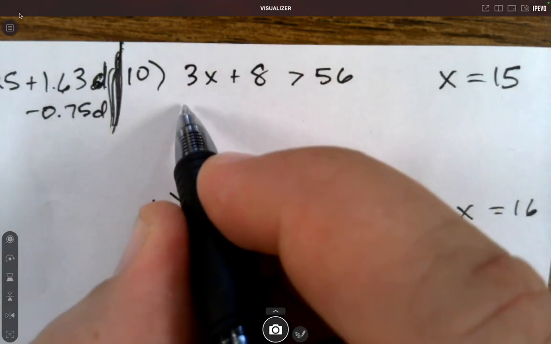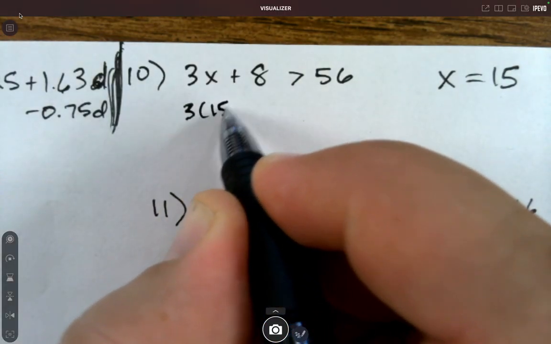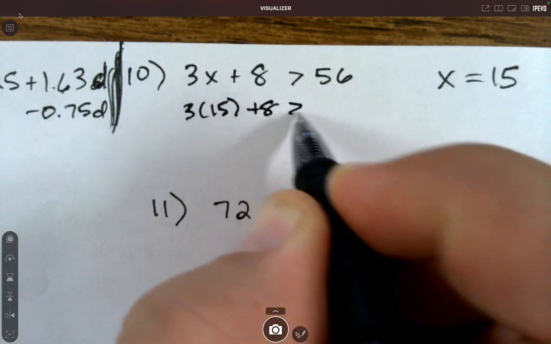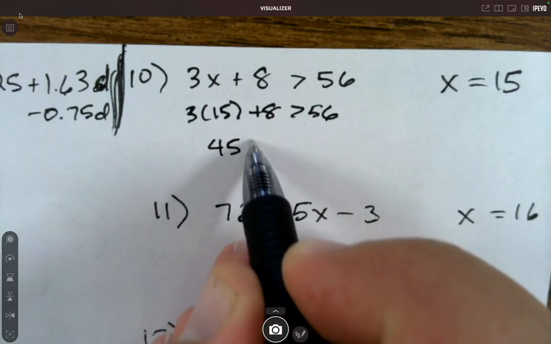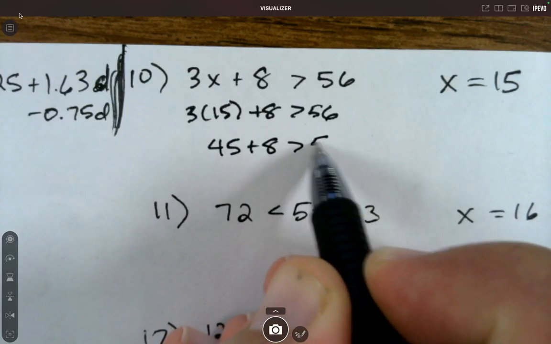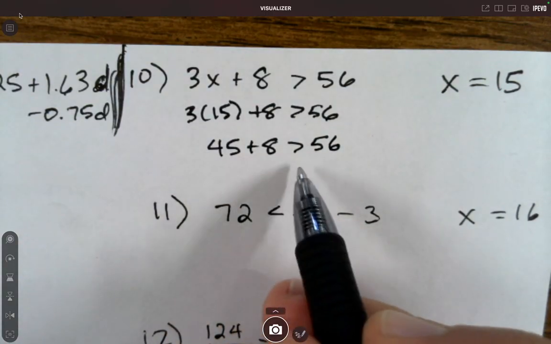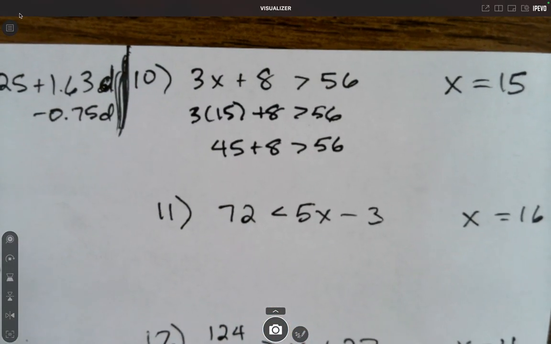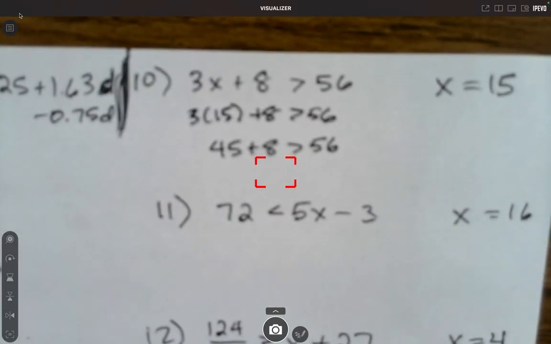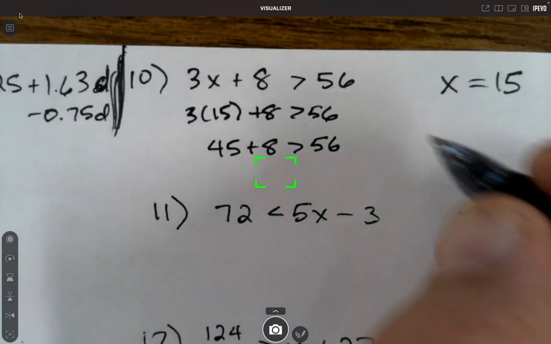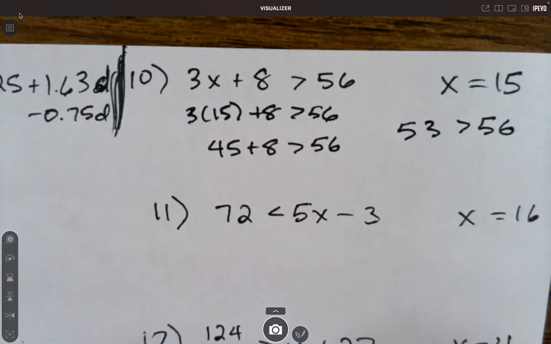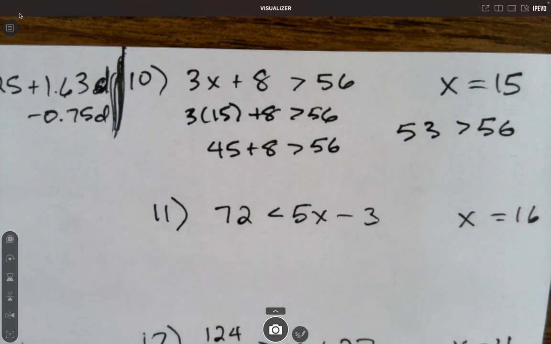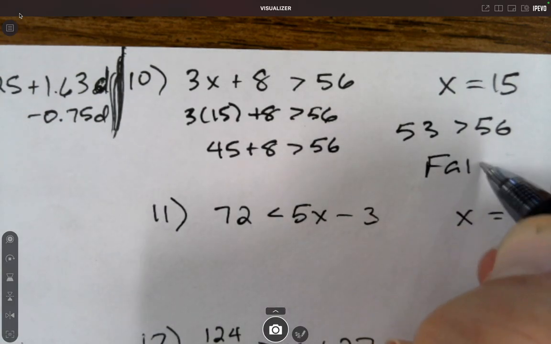So to figure that out, we plug in 15. 3 times 15 is 45. 45 plus 8 is 53. So is 53 greater than 56? No. So 15 is not a possible answer for this, so we'd have to say false.